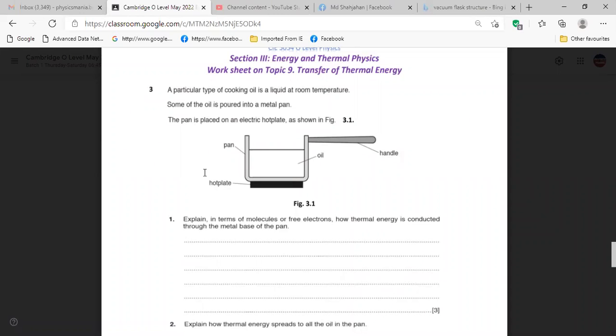So there are 3 marks, right? We know there is a conduction process, right?